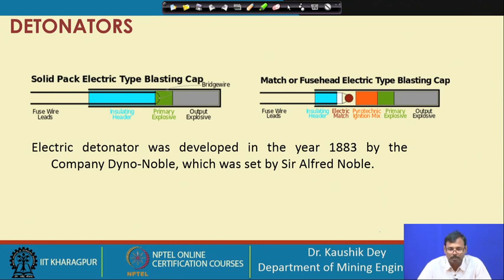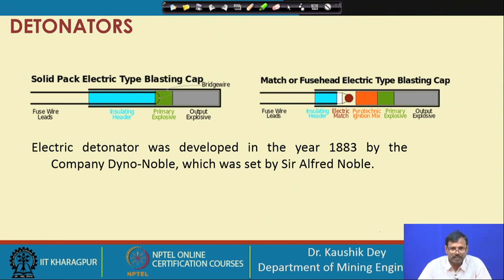One is that multiple holes can be blasted, because electrical wire can be connected to multiple detonators in multiple holes, and second, the electrical signal can be sent to these multiple holes simultaneously, and the exact control of the time frame is now within the grip of the user.